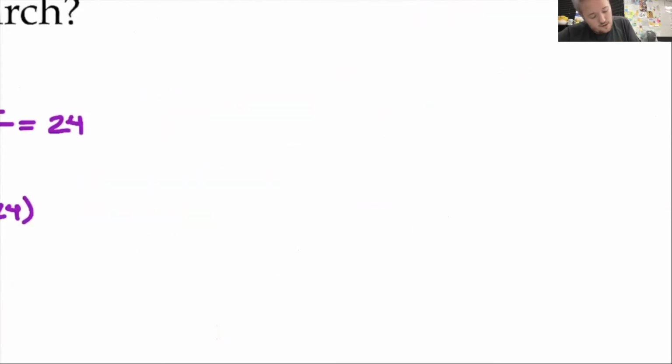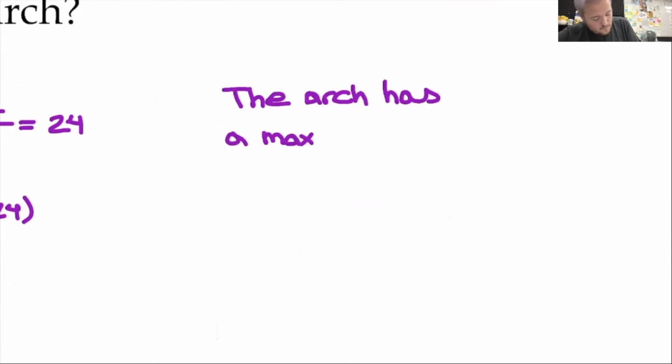So the bridge, or the arch, has a maximum height of 144 feet.